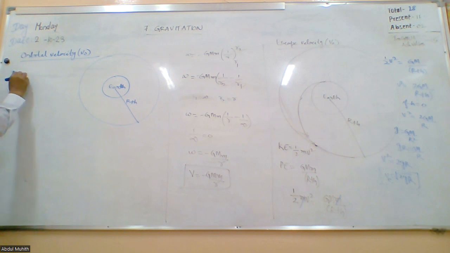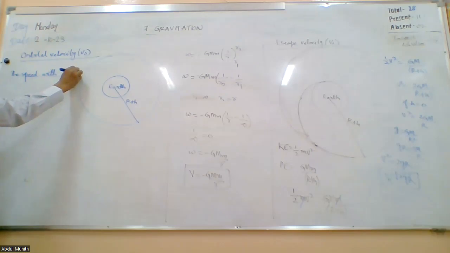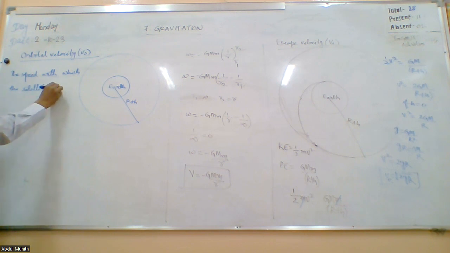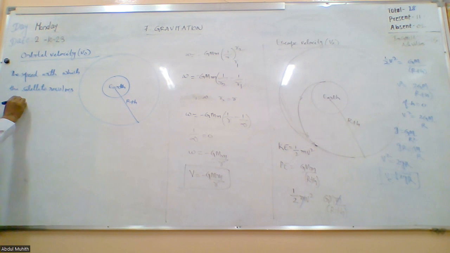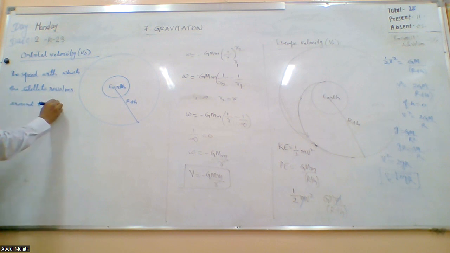The speed with which the satellite revolves around the Earth in the orbit is said to be orbital velocity.